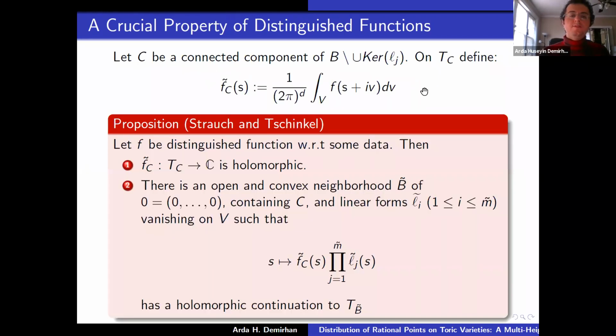And on T_C we define the f tilde function as the d-dimensional integral of f, and then we have this important theorem of Strahan-Schinkel. It turns out that f tilde is holomorphic, and for some open and convex neighborhood containing 0 and containing C and some linear forms, this function has a holomorphic continuation to T_B.